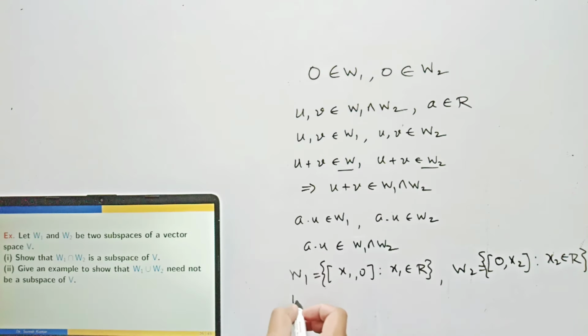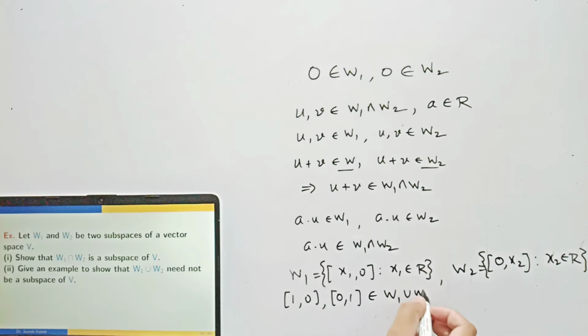Why? See, (1, 0) and (0, 1) belong to W1 union W2. Can I say this? Yes, (1, 0) is a member of W1, (0, 1) is a member of W2. Naturally, these two are members of W1 union W2.